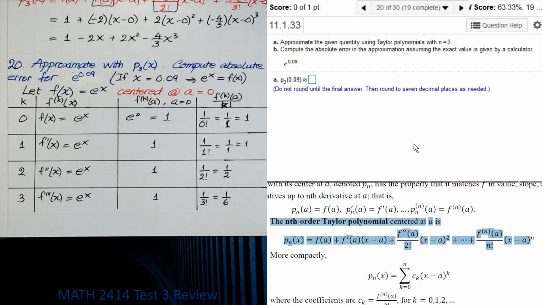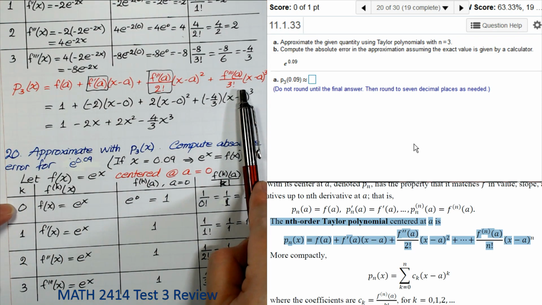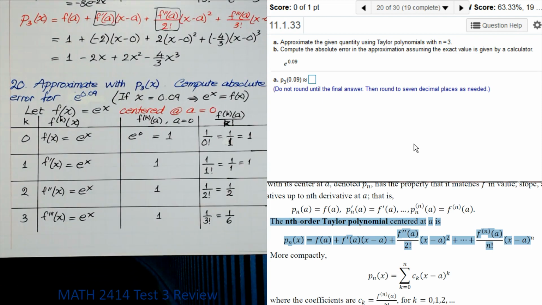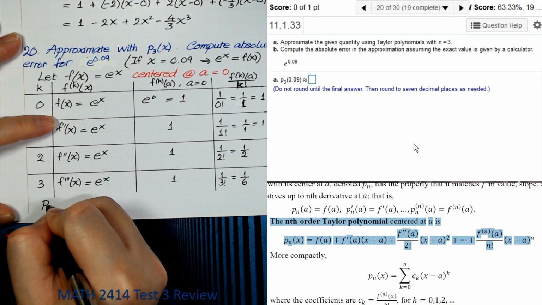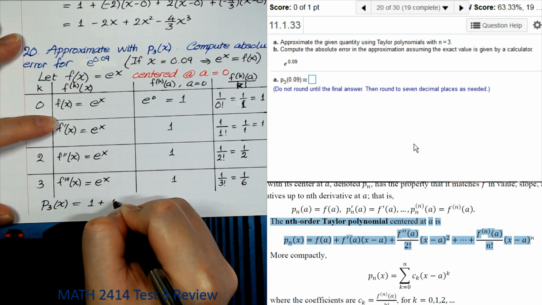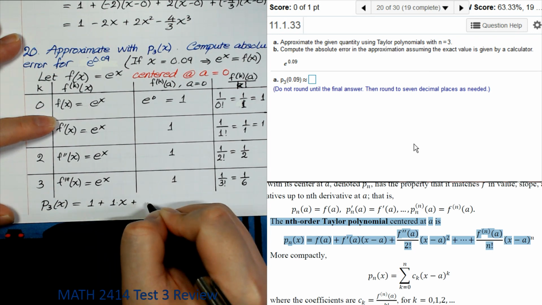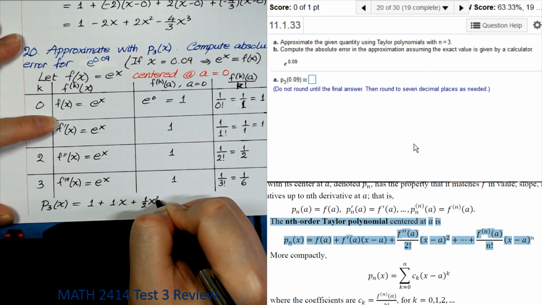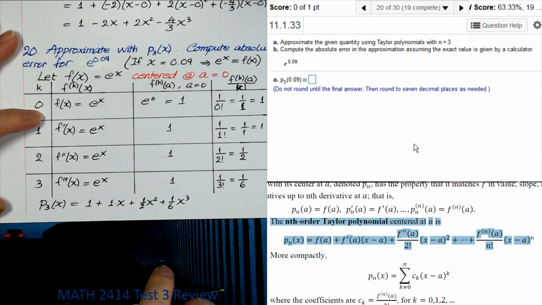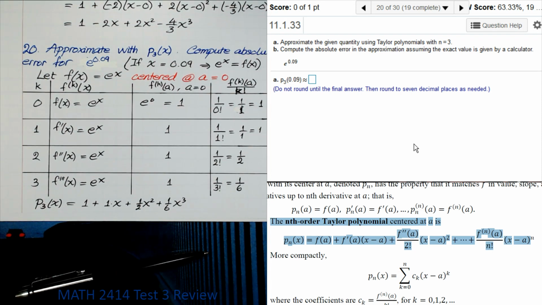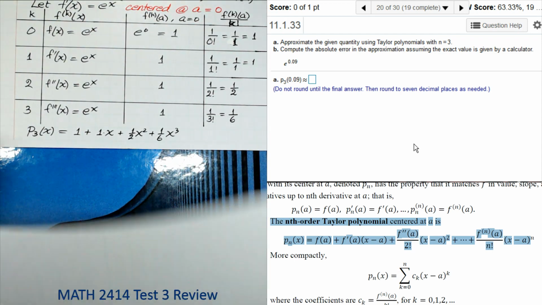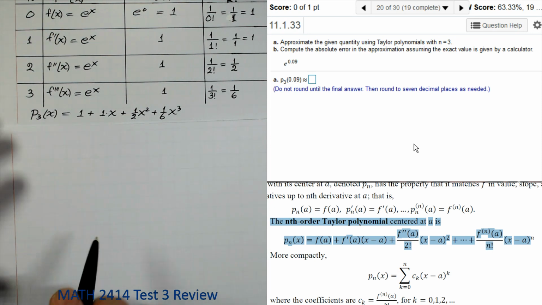And then put it in here. Right now, since a is equal to 0, I don't have to write x minus 0. I just write x. So P3 of x is 1 plus 1 times x plus 1/2 times x squared plus 1/6 times x cubed. And then we evaluate this at x equal to 0.09.